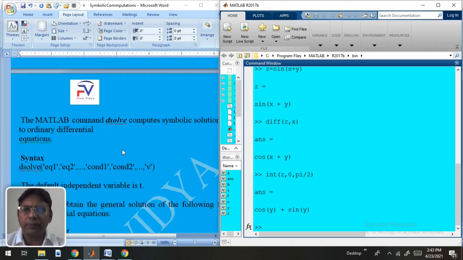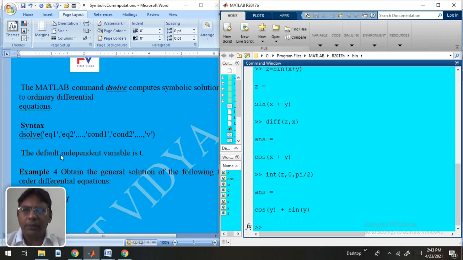This is a built-in function, and let's take this very simple differential equation, dy by dt is equal to 2y plus t.